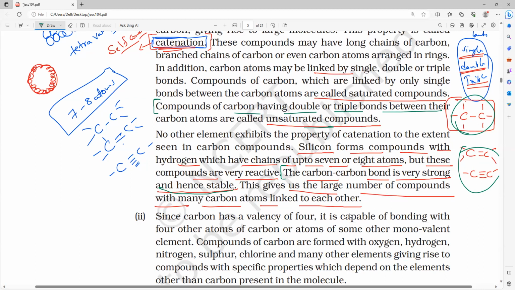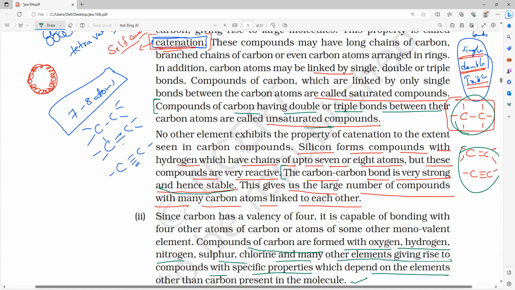Carbon and carbon form a very strong bond. Carbon and other atoms are also very strong. Compounds of carbon are formed with oxygen, hydrogen, nitrogen, sulfur, chlorine and many other elements, giving rise to compounds with specific properties which depend on the elements other than carbon present in the molecule.